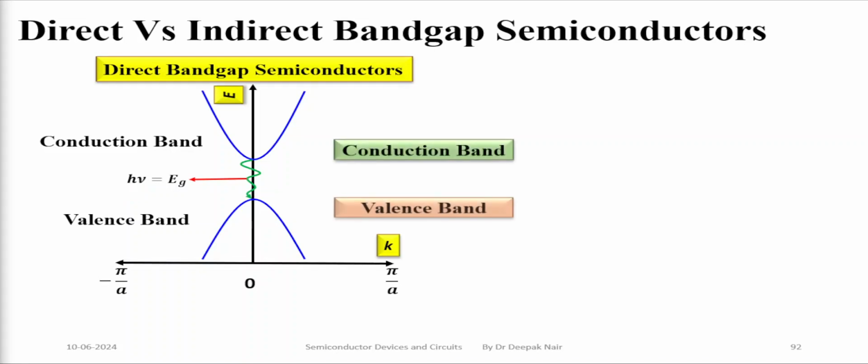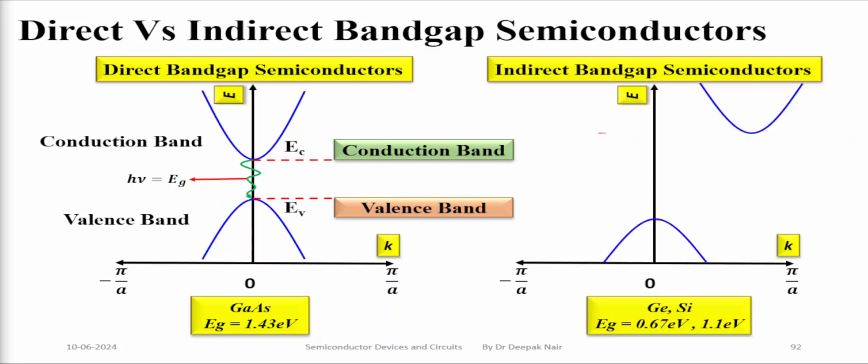Now coming to the indirect bandgap semiconductors. In that case, the electrons which are energized and moved to the conduction band cannot directly come back to the valence band, just like in a direct band gap.